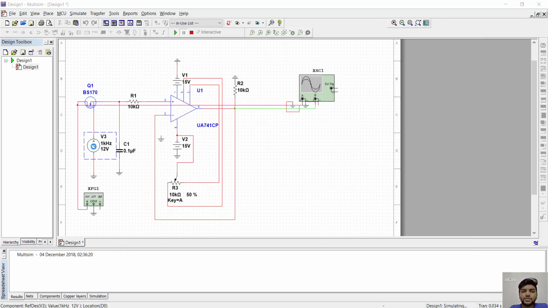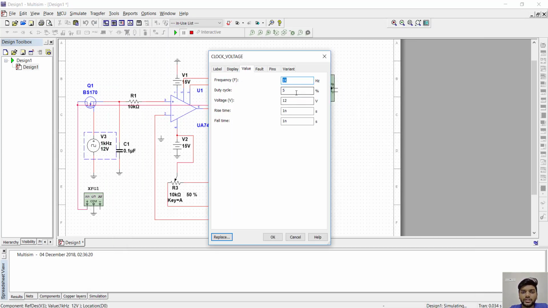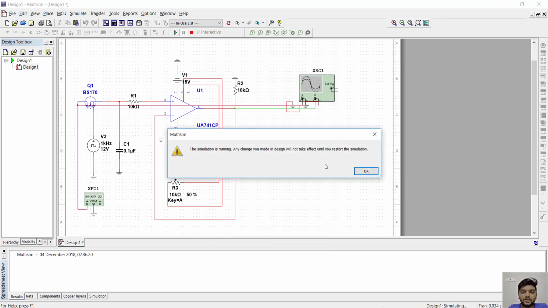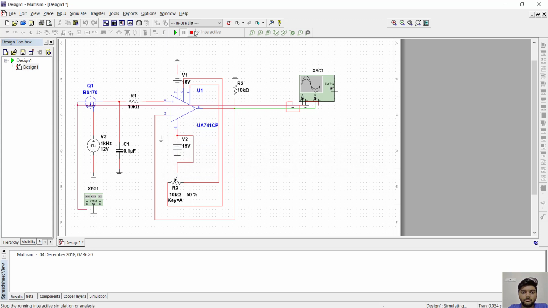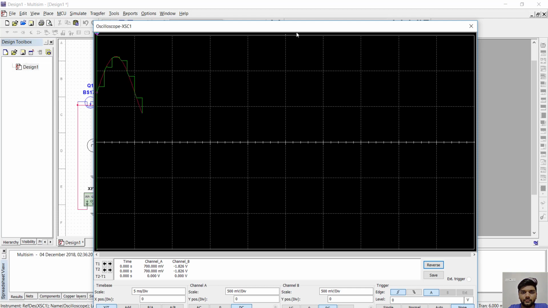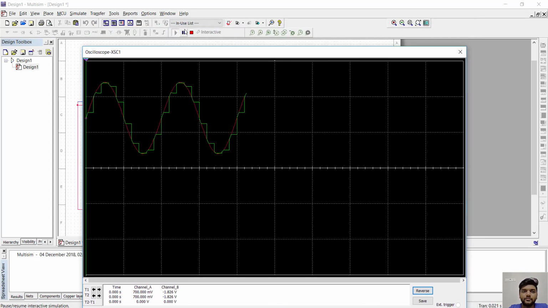Now, let me show you by varying our duty cycle, which is 5%, to 30 or say 25%. Now, as you can see, you've got some slanted lines over in this portion, this portion, this portion.